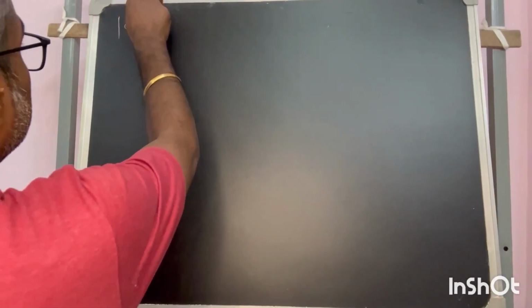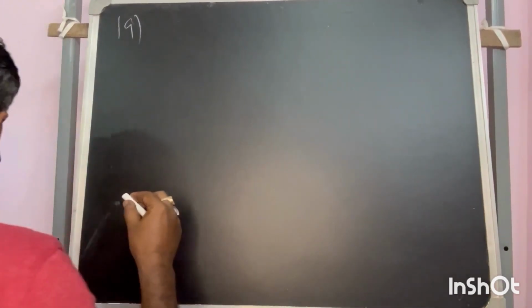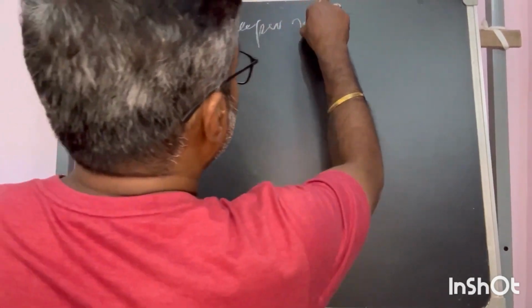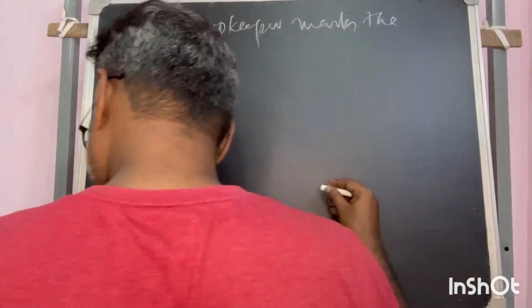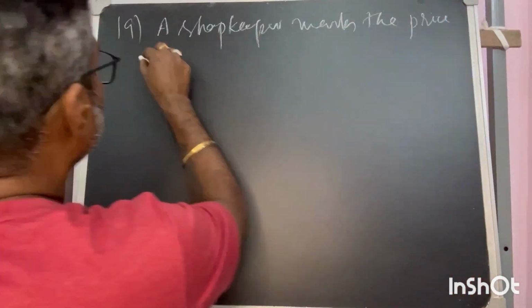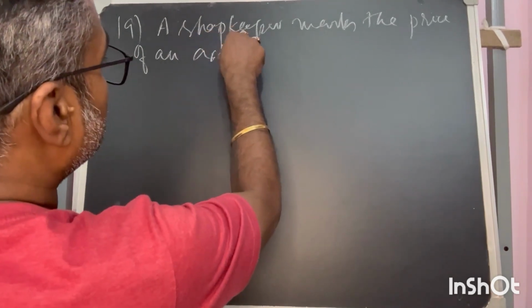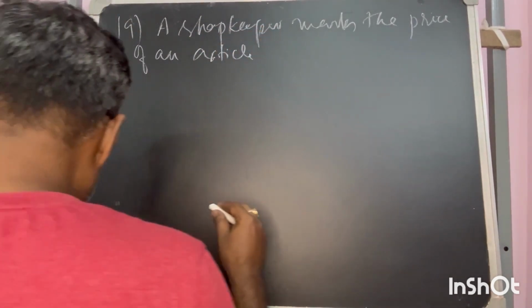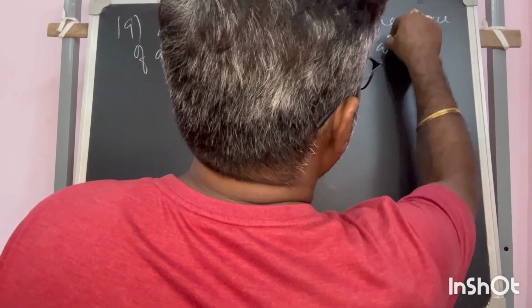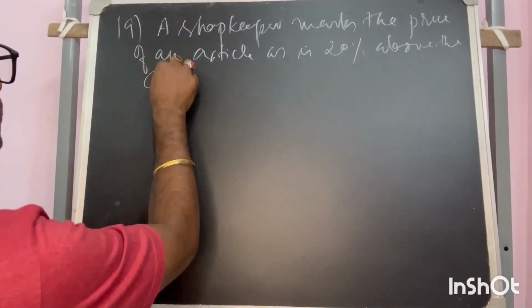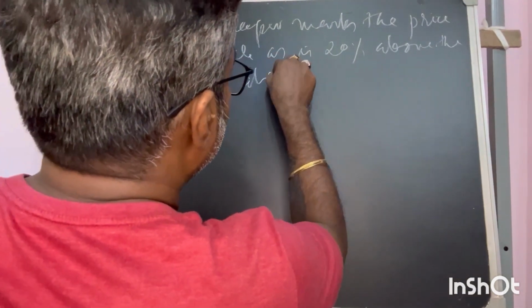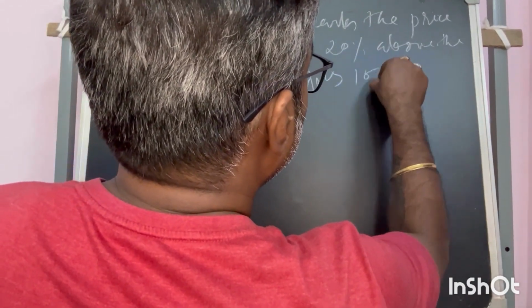now this is problem number 19. Okay, a shopkeeper marks the price of an article 20% above the cost price, and also offers a 10% discount.